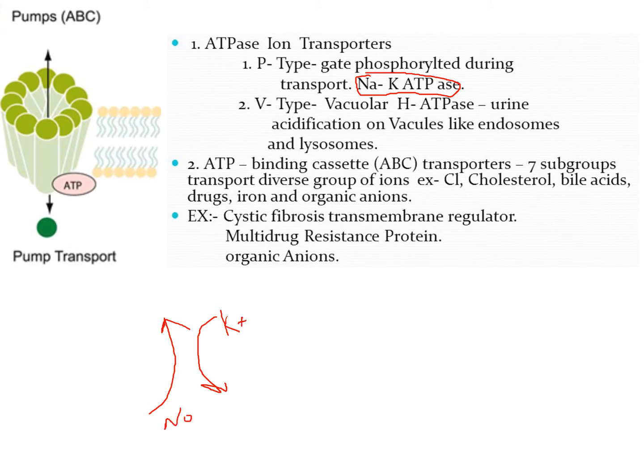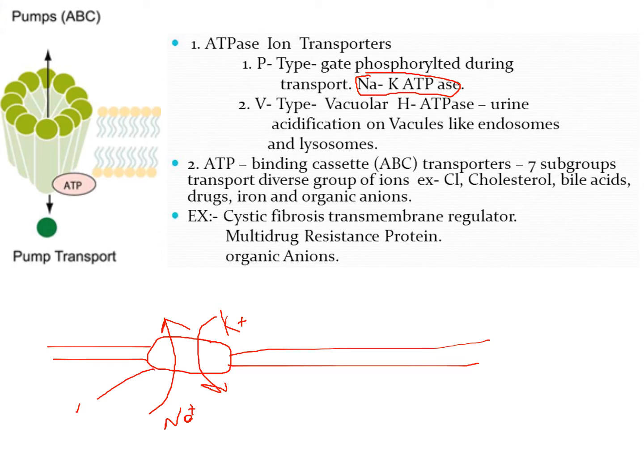Remember, the sodium was higher on the outside, the concentration, and lower on the inside, and vice versa for the potassium. Why? Because of these pumps. These pumps are in the membrane. And also this pump uses ATP, energy, because it is actively transporting. We have active transport of sodium and potassium against the concentration gradient.